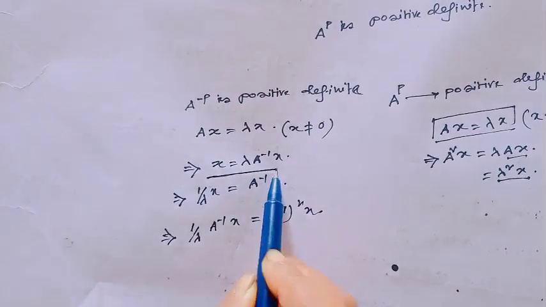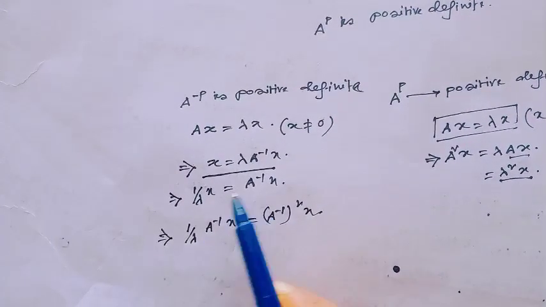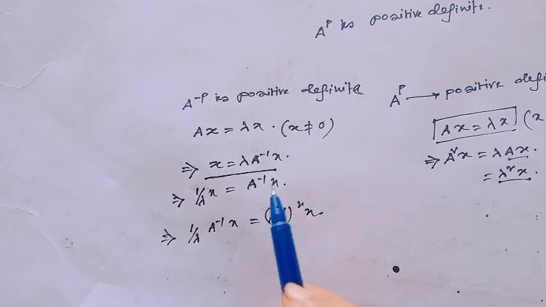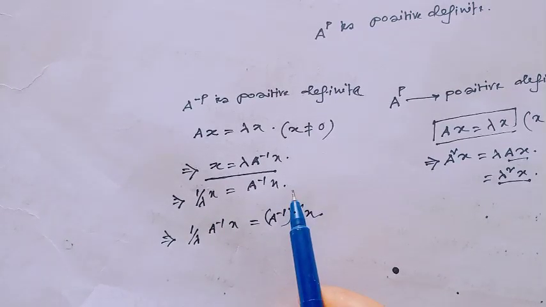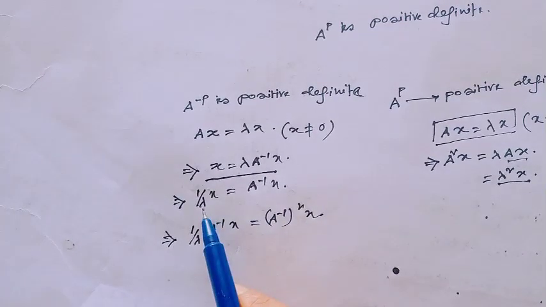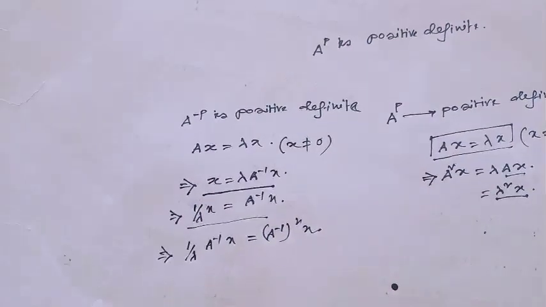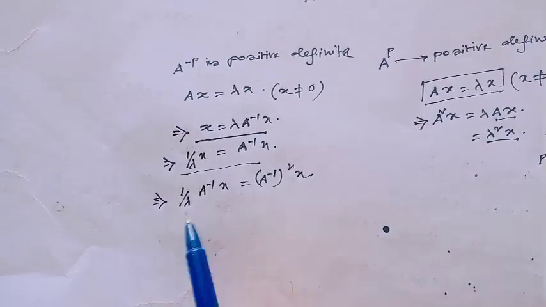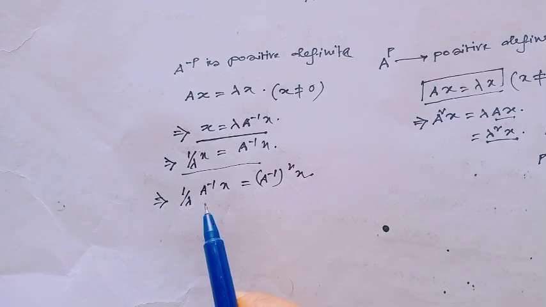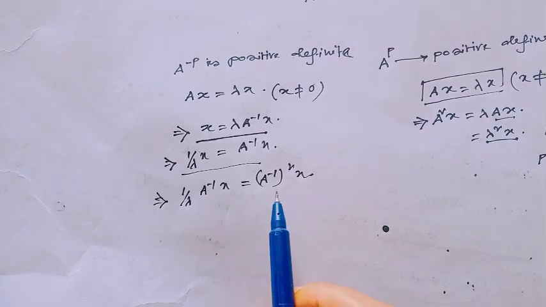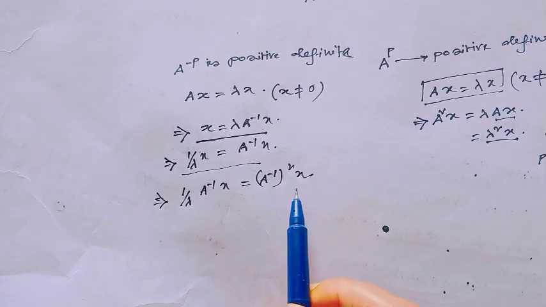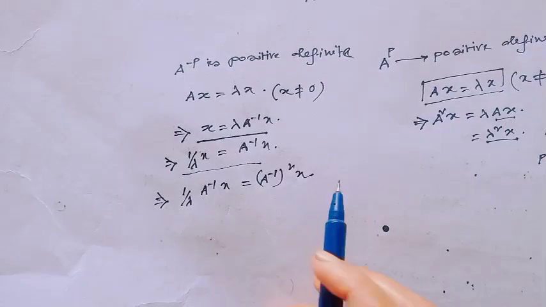And from this expression, we can write 1 over lambda times x equal to A inverse x. Now multiply this equation with A inverse, then this would be 1 over lambda times A inverse x equal to A inverse whole square times x.